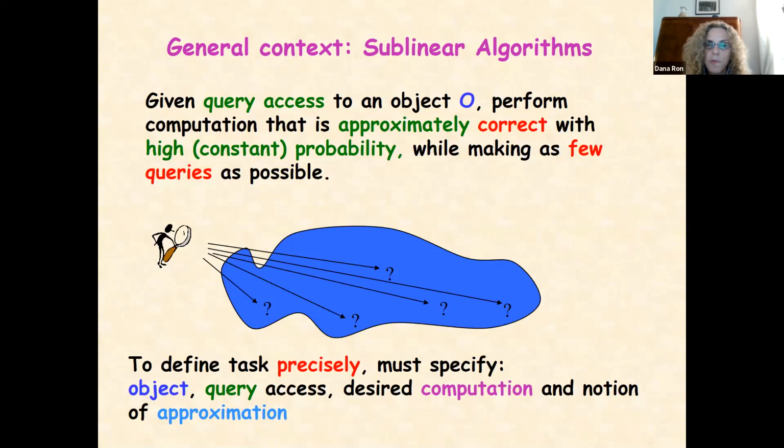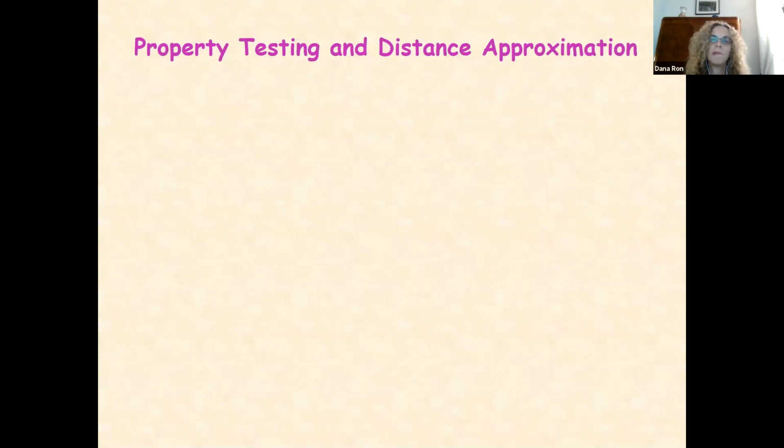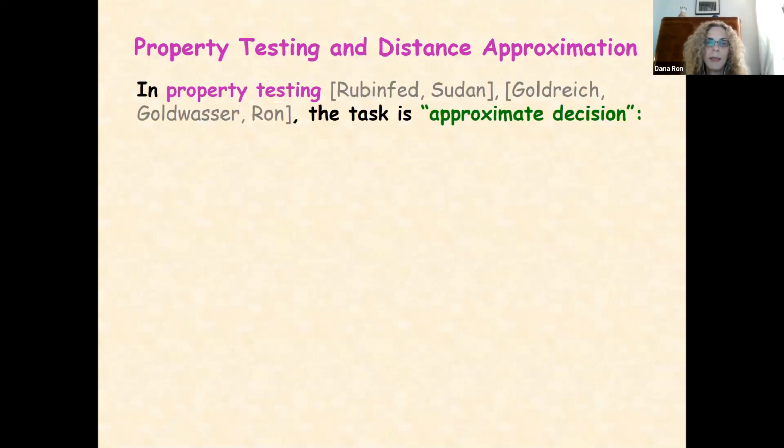Okay, so let's go more narrowly from sublinear algorithms to property testing and distance approximation. The title of this talk is about distance approximation, but it really sits beside property testing, and to have the right context we have to talk about both until I talk about the new results. In property testing, the computational task that we want to perform in a sublinear manner is approximate decision.